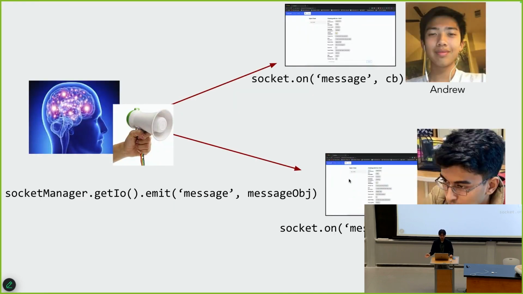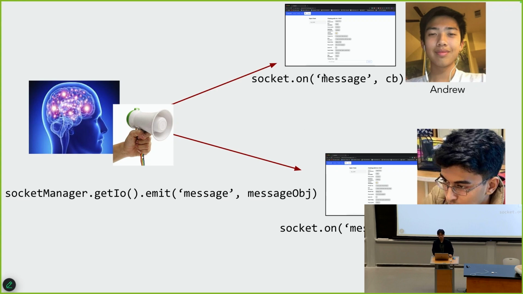And in our Chatbook setting, if we have our socket manager on the server side emit a message event, which is when someone sends a message to the chat, we want the server to pass in what message was sent, so message objects that we saw previously in Chatbook.